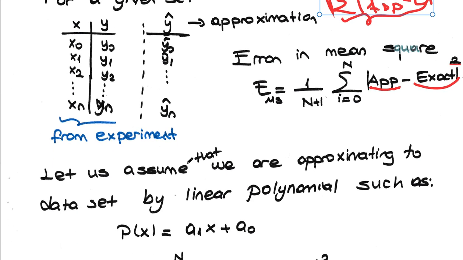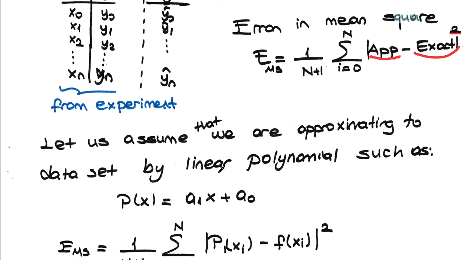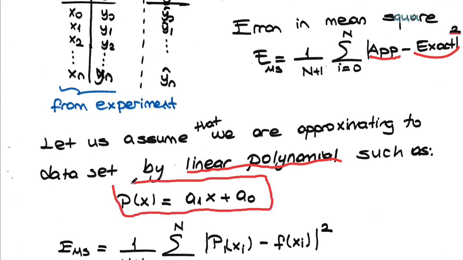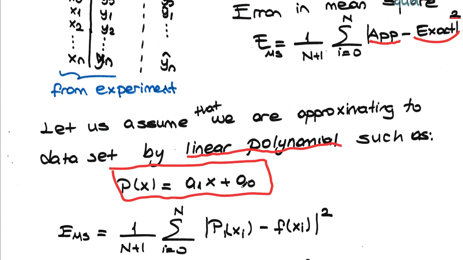Okay, here, because we are dealing with linear regression, we just try to find the linear polynomial. The general linear polynomial can be defined in that form. Okay, guys, from now on we are ready to define the error of this approximation.